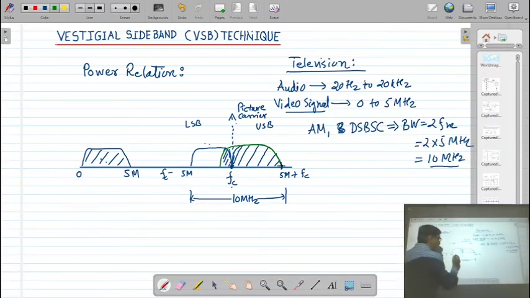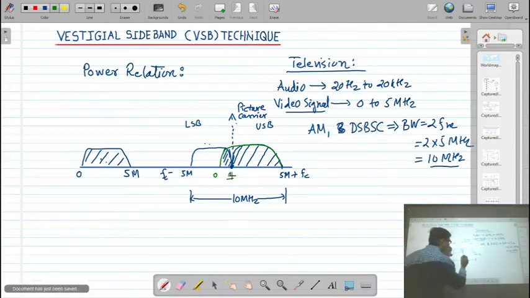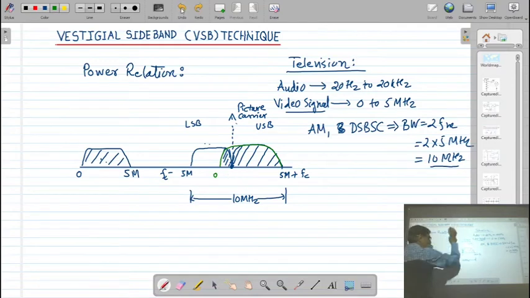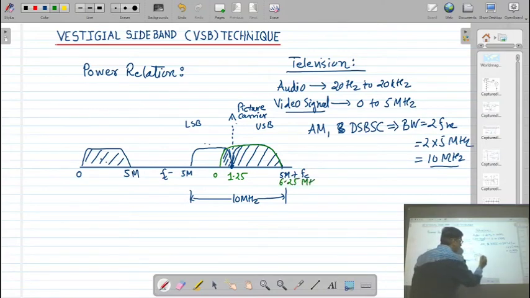Here actually, if we consider this as 0, then this is roughly 1.25 megahertz. Here your carrier frequency will be at the position of 1.25 megahertz, and whatever the 5 megahertz maximum frequency is, it is going to be shifted to 6.25 megahertz.